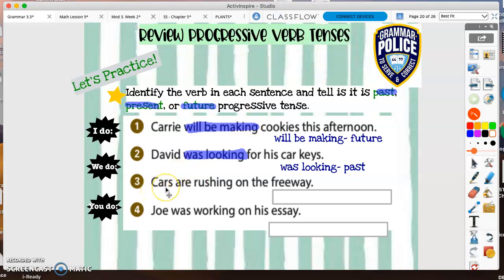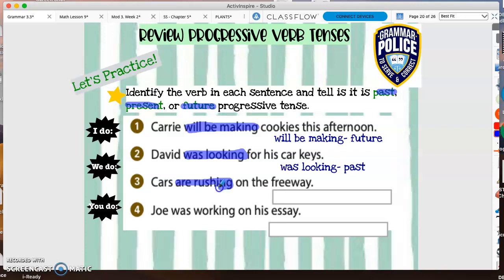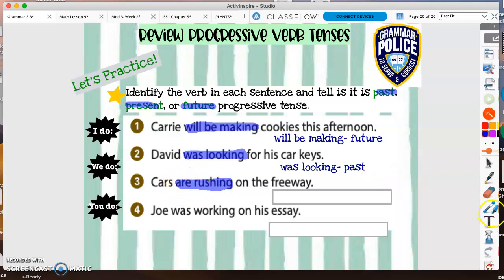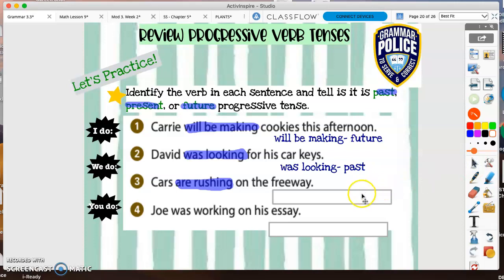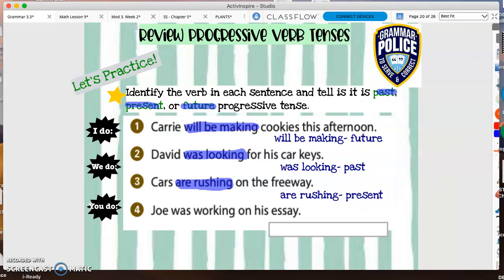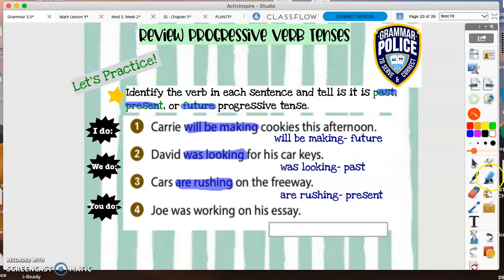Number 3, cars are rushing on the freeway. Are rushing. I know that are is the present tense form of be. So, therefore, are rushing is a present progressive verb.